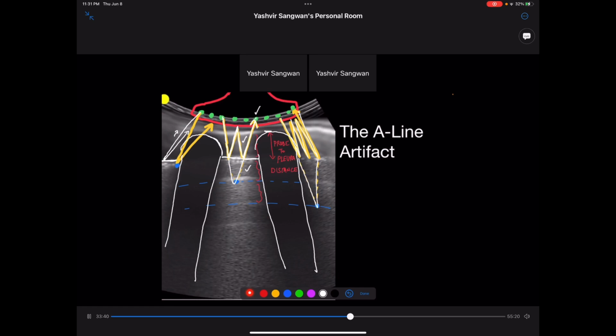So if you imagine the distance between the probe and the first pleural line, you have these lighter reflections at the same distance, same distance, same distance. You have lighter and lighter reflections of the pleura. This is not the lung. This is an artifact, the A-line artifact.